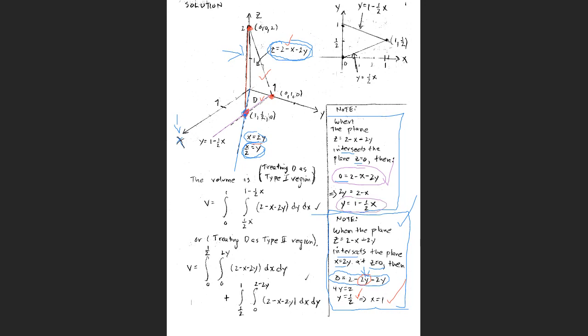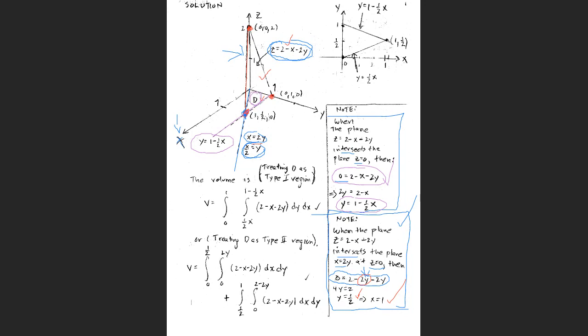Okay, so our surface intersects the xy plane along the line y equals 1 minus a half x. And based on that, I'm able to identify my region D, okay, in the xy plane.